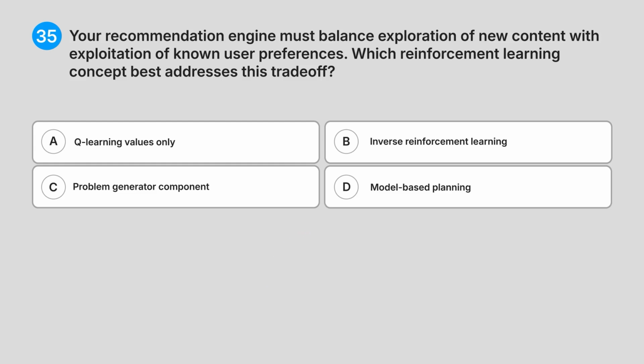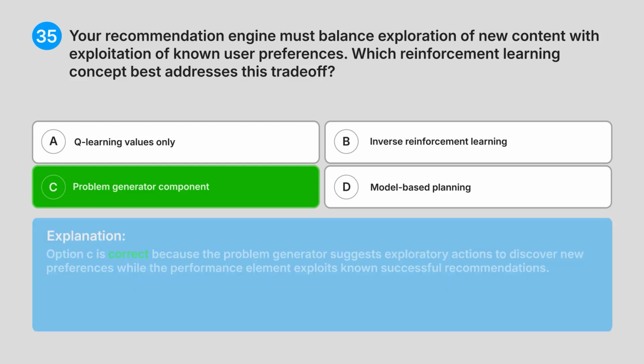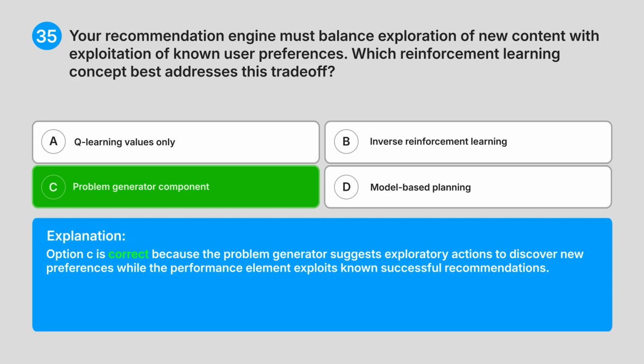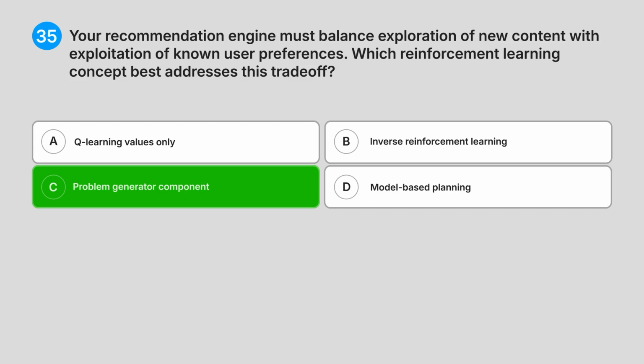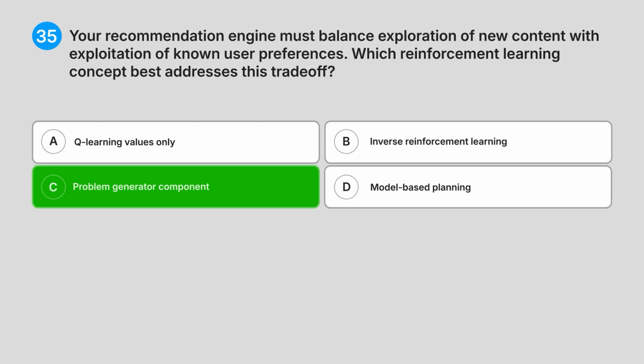Correct answer, C. Problem generator component. Explanation: option C is correct because the problem generator suggests exploratory actions to discover new preferences, while the performance element exploits known successful recommendations. Option A is incorrect because Q-learning focuses on learning action values but doesn't inherently balance exploration with exploitation.